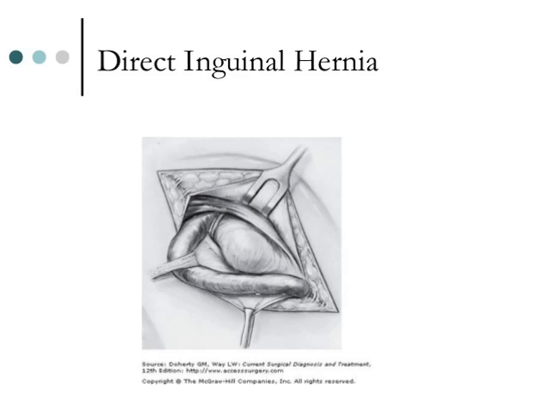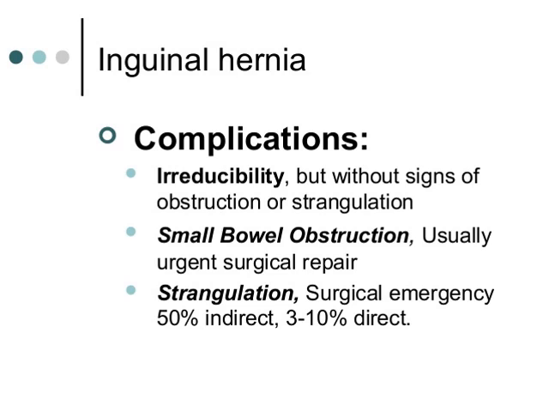So the direct hernia actually has no neck, so it is less liable to be strangulated or complicated. Complications such as irreducibility, obstruction, and strangulation are more common in oblique inguinal hernia because it has a neck at the internal ring, whereas the direct hernia has no neck.